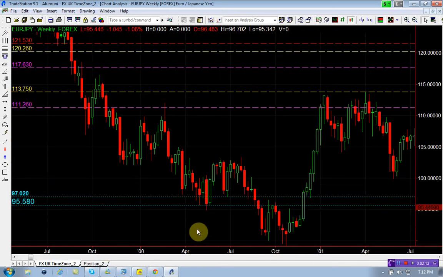And as I showed you that we have a structural point at 95.58, okay? And look what happened. Where is the 95.58? It is also the structure that was put in place pretty much right there.